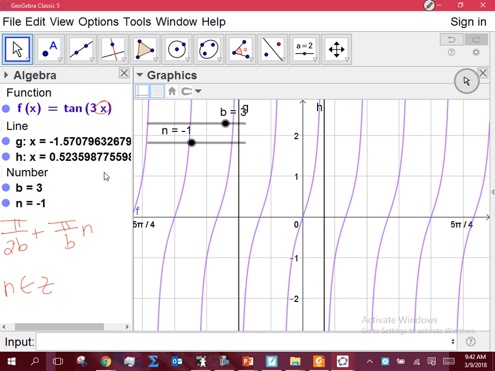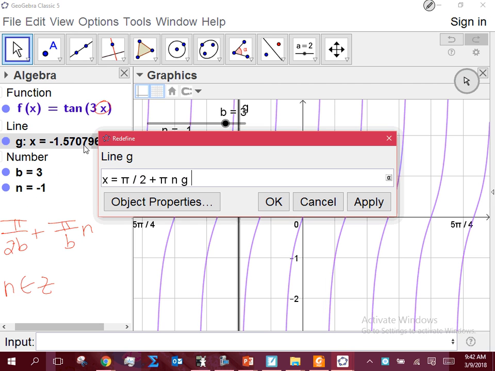Okay? So now if I rewrite this, this was pi over 2, but now it's 2b, so multiplied by b. Order of operations says I need that in parentheses first.